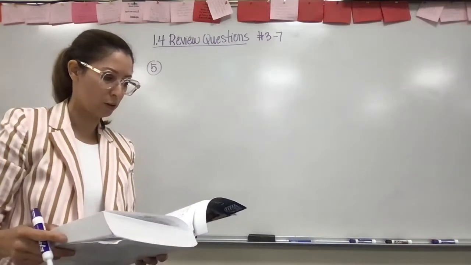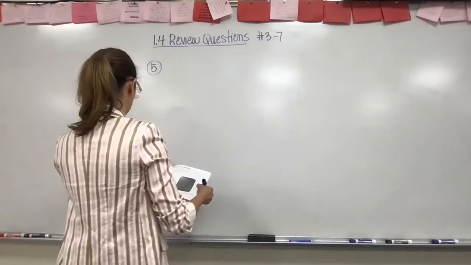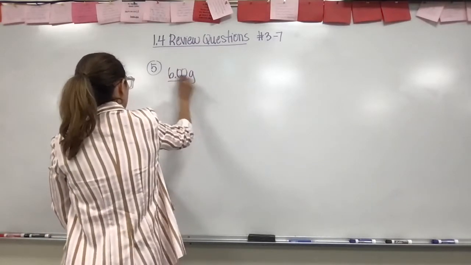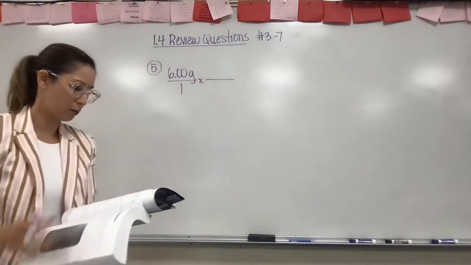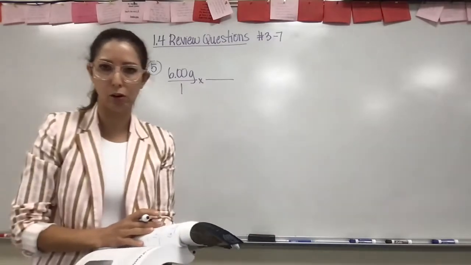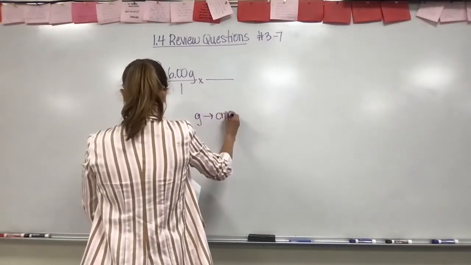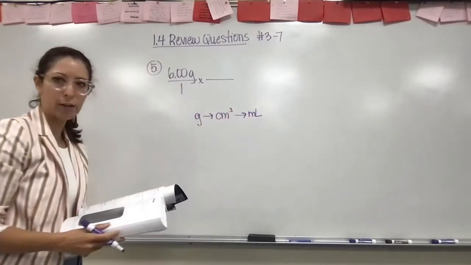What is the volume? And they want it in milliliters. Okay, so if we're given grams, you can put this over 1 if you'd like. And then what we can do is we can go ahead and we can use the density, since it's in grams per centimeter cubed, to convert our grams to centimeters cubed, and then we can convert that to milliliters afterwards.